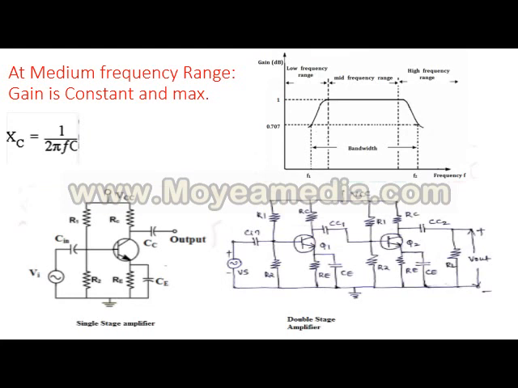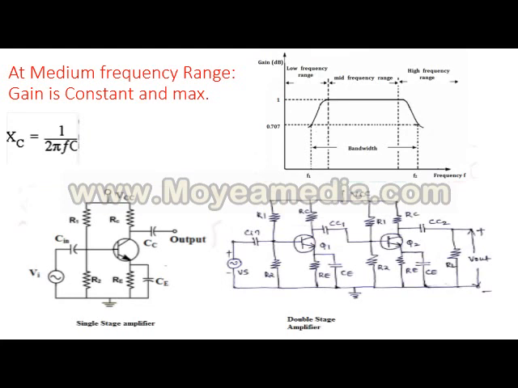Here also you have to consider the equation Xc is equal to 1 by 2 pi Fc. We know that at low frequency range Xc is high. While moving to the mid frequency range, the frequency increases from low to high value, or frequency moves from low to medium frequency range.